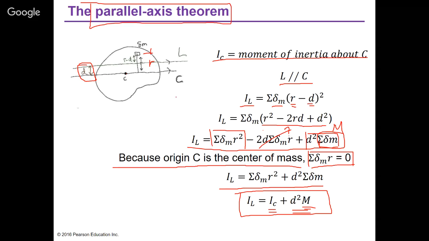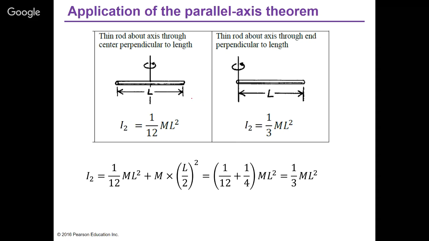We can use this to calculate, for example, the thin rod case. If we have the axis that passes through the center of mass, which is the center point of this rod, the moment of inertia is 1/12 of ml squared. What if we move it to the end?